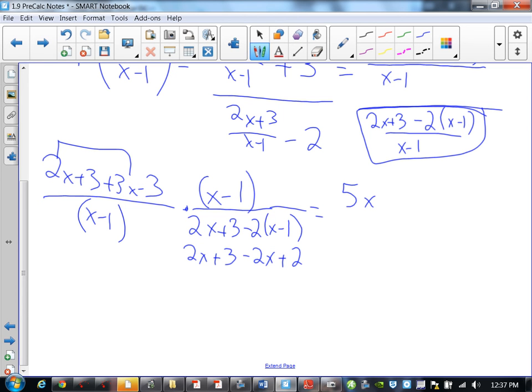And then here the 2x's drop out and I get a 5. So it winds up 5x over x minus 1 times x minus 1 over 5. I'm showing you why we can drop these: 5x over x, and the 5's drop. Alright, there we go.